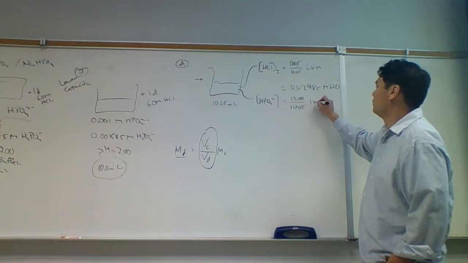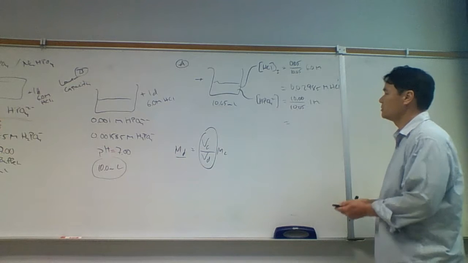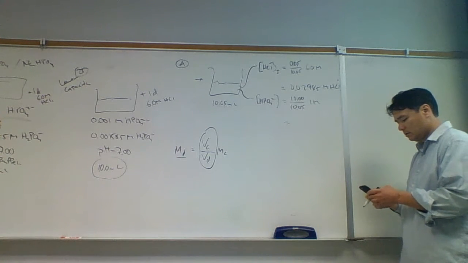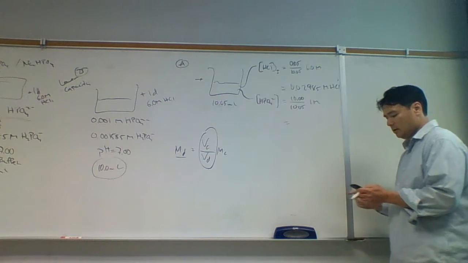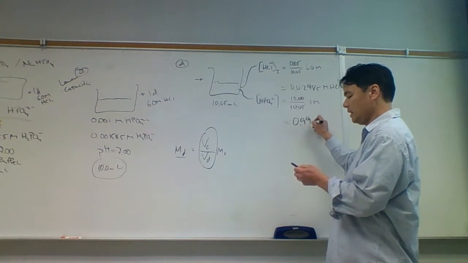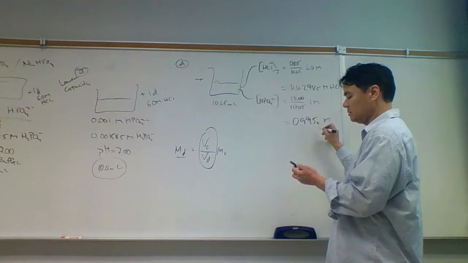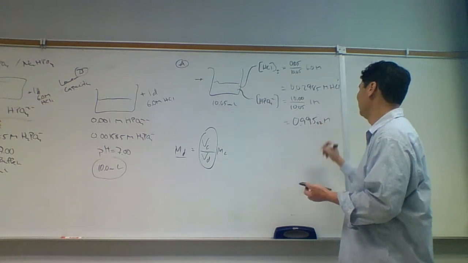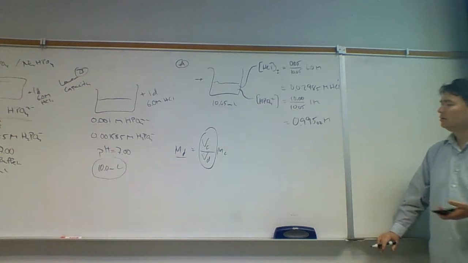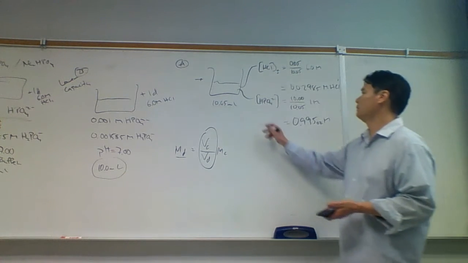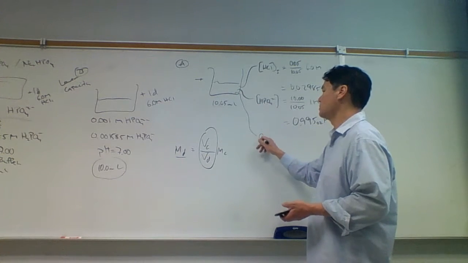And so this is a 1 molar. I'm going to carry extra digits. So 10 over 10.05 gives us 0.9950 molar. Actually, I'm going to carry 5 decimals for the next calculation, so I'll just be consistent with this calculation.